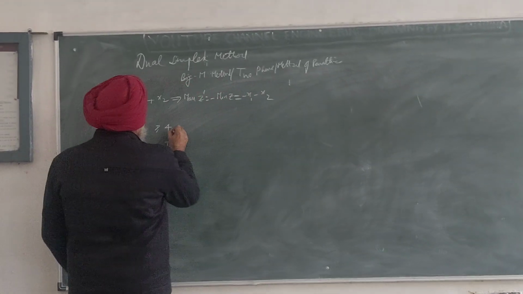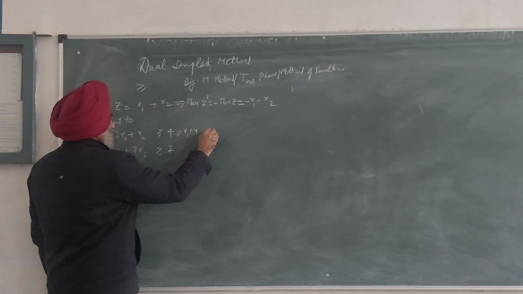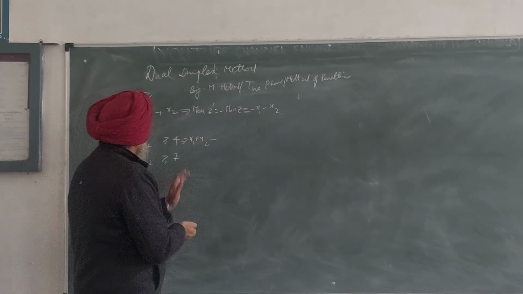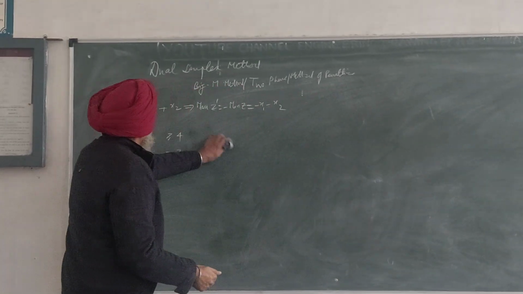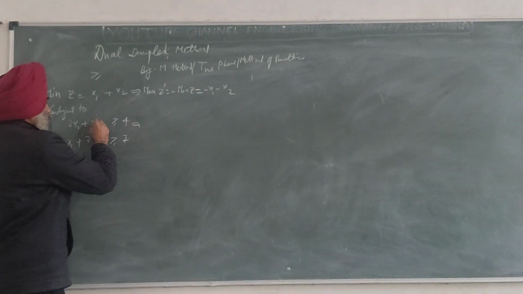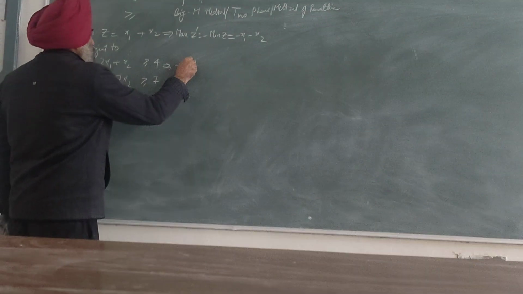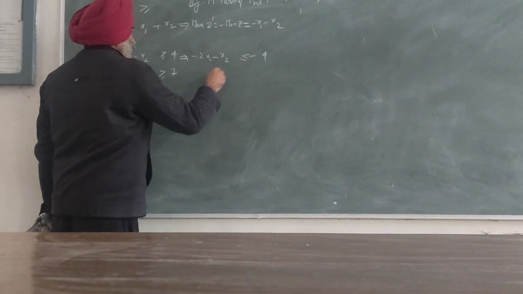Let us convert this into the infeasible form, because the problem is of maximization type. Minus 2x1 minus x2 less than or equal to minus 4, clear?